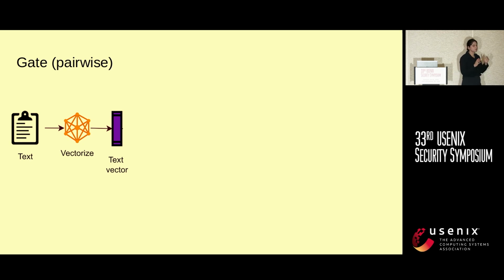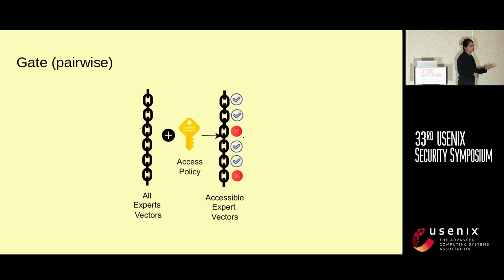The first thing we do is, when the user provides input to the model, we vectorize this input. Since the user also provides their access policy, we use this access policy to filter out the experts that are inaccessible, and we only keep the experts that are accessible.